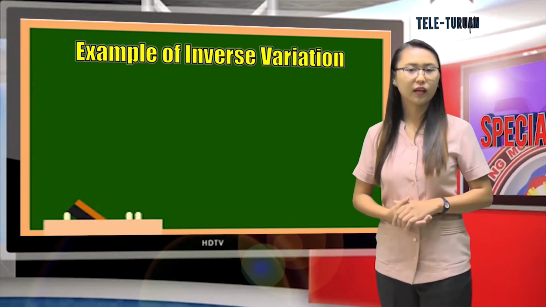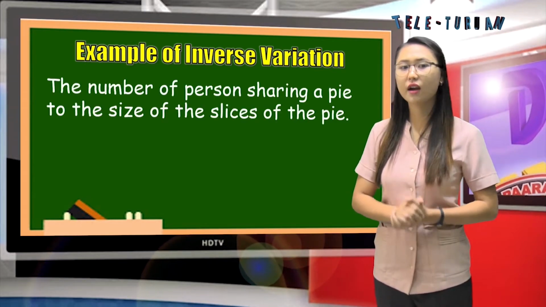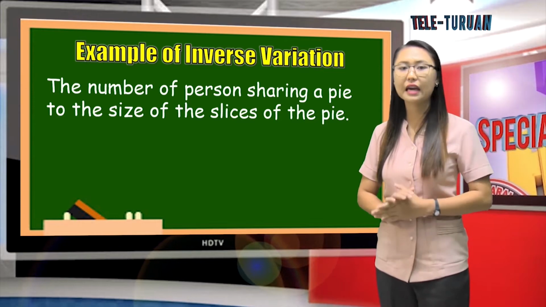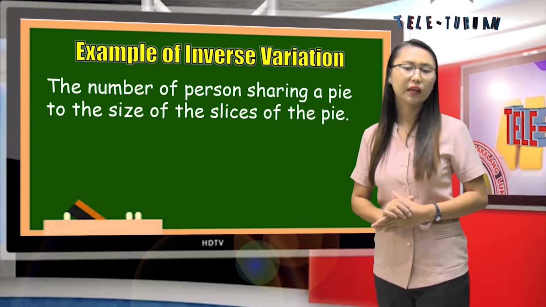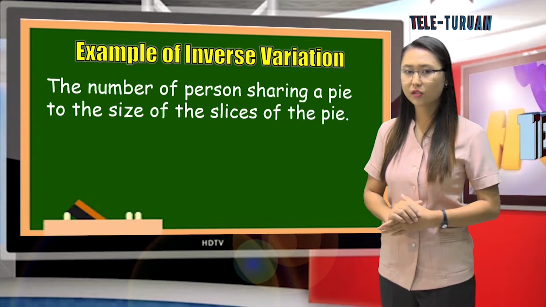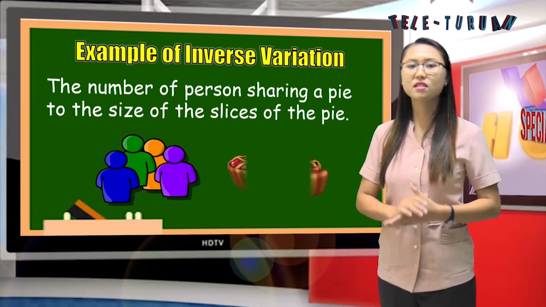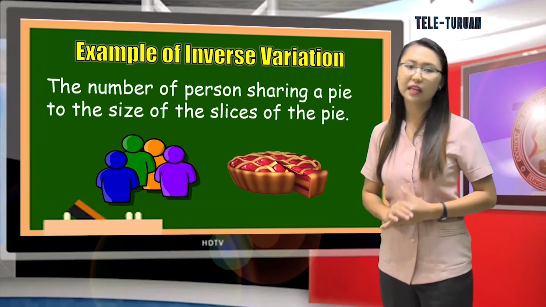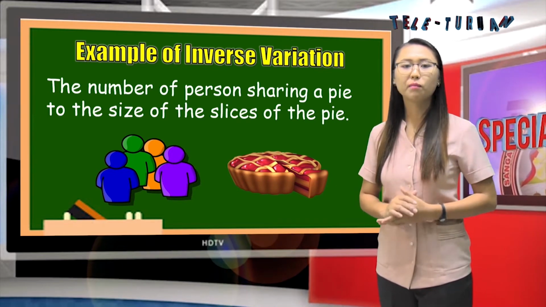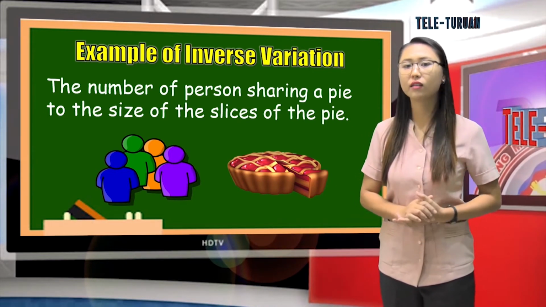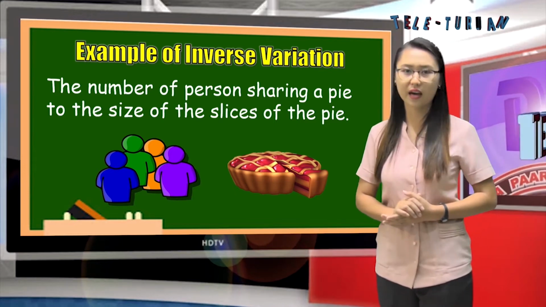Another example, the number of persons sharing a pie to the size of the slices of the pie. This is an inverse variation because if there are more persons sharing a pie, the size of the slices of the pie will be lessened. In short, more person, less pie, or less person, more pie.